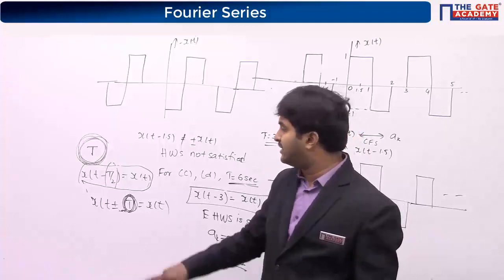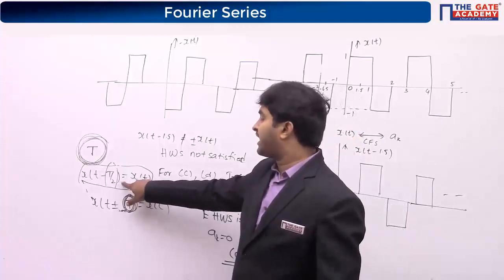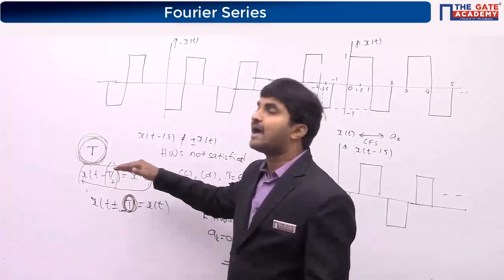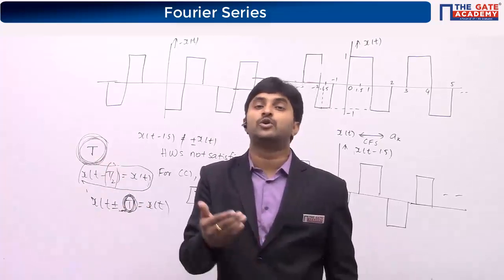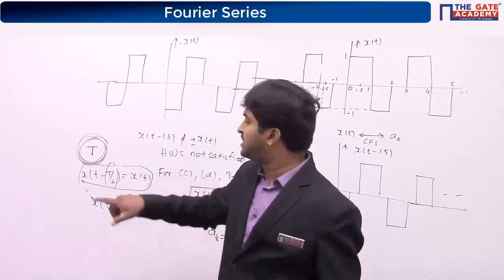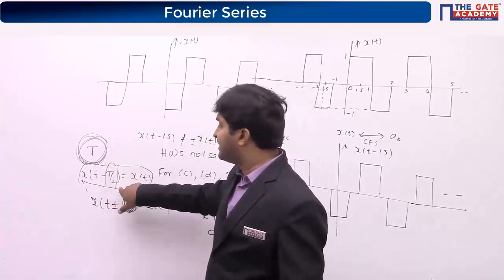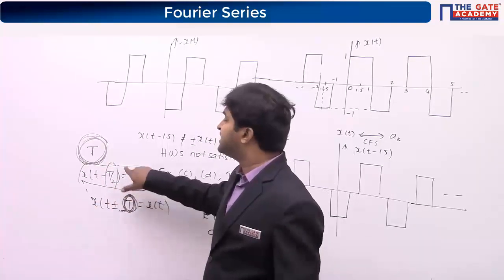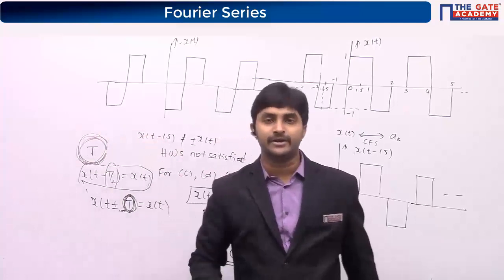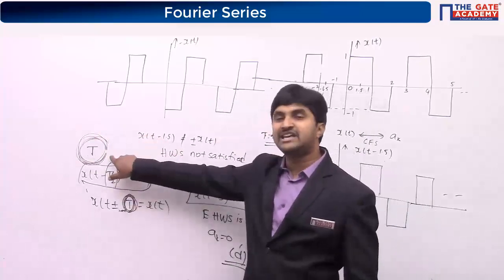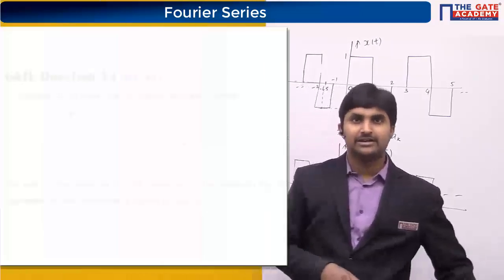So therefore, this concept will never happen when you consider that T is your fundamental time period, because if this satisfies, then T will not be your fundamental time period.